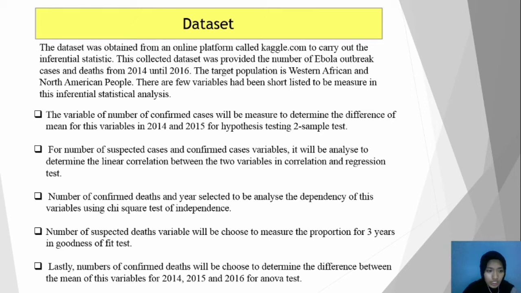The third, number of confirmed deaths and year, are selected to analyze dependency using the chi-square test of independence. The number of suspected deaths variable will be chosen to measure the proportion for 3 years in a goodness of fit test. And the last one, number of confirmed deaths, is to determine the difference between the means for 2014, 2015, and 2016 for the ANOVA test.